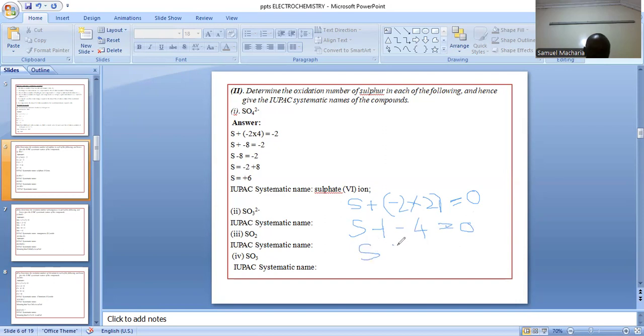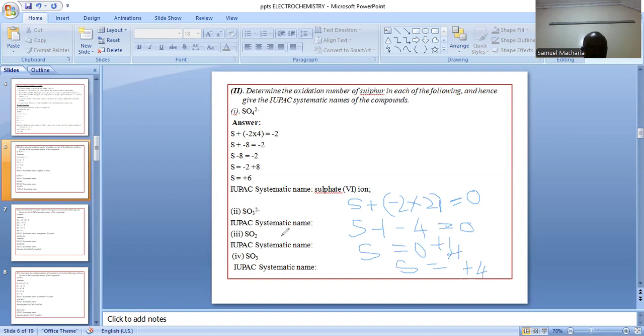So it's 0 plus 4, meaning that S equals positive 4. And that is why, if you can recall very well, the IUPAC systematic name for this compound is sulfur 4 oxide.